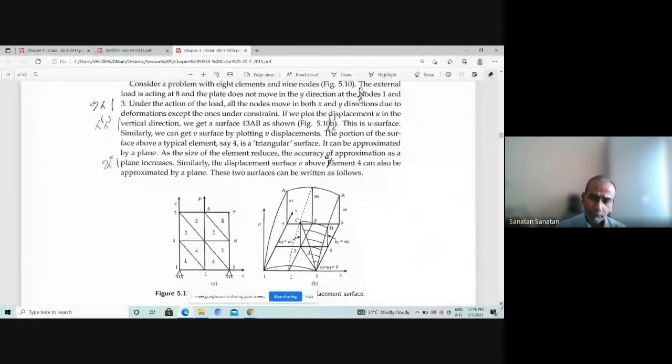In finite element formulations, the body is broken into a number of elements, and you have the option of assuming the variation of displacement within the element. When you break it into small elements and assume some displacement variation within each of these elements, the external loading can be related to the displacements at the corner points of all the elements inserted in the domain. So how do we do that?